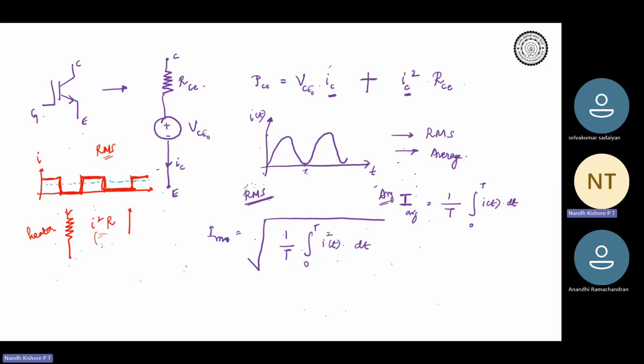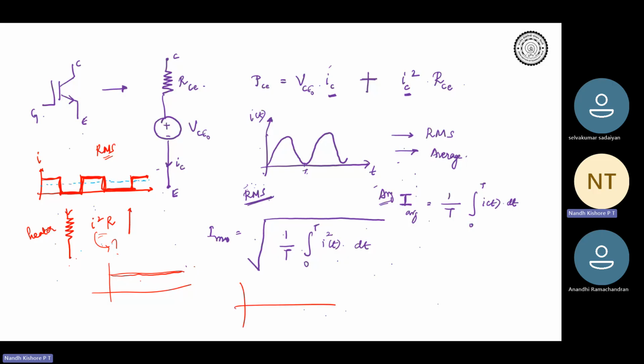If I pass it like this, the heater gets heated up to some temperature. The net effect results in the heater getting heated up. Now the question is, what will be that amount of steady state continuous current that will result in the heater getting heated up to the same temperature?